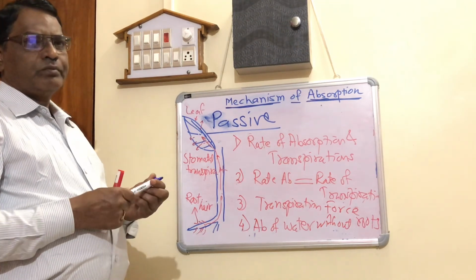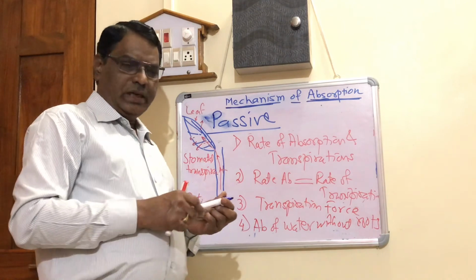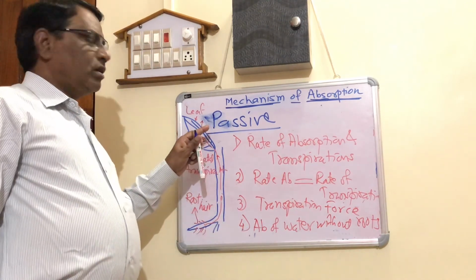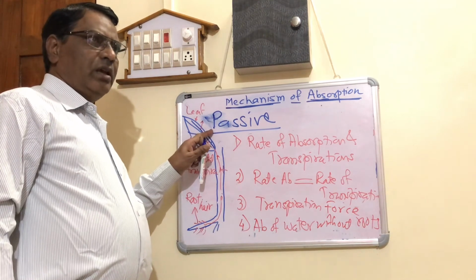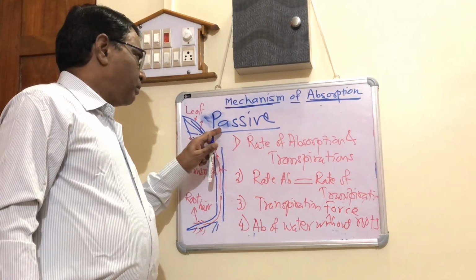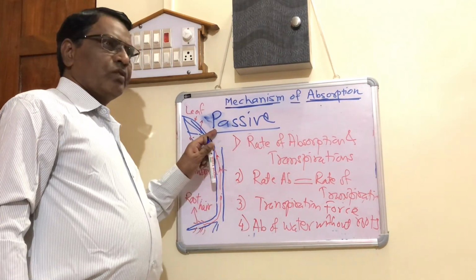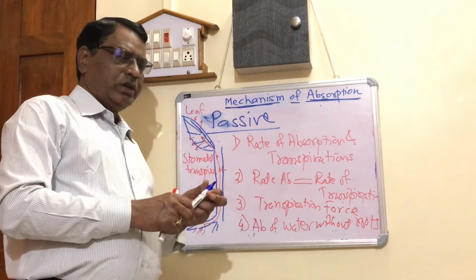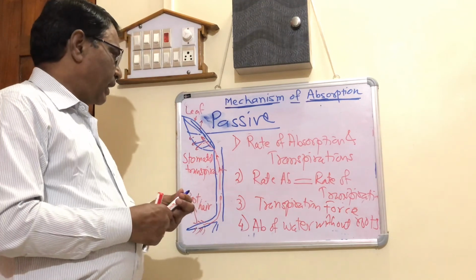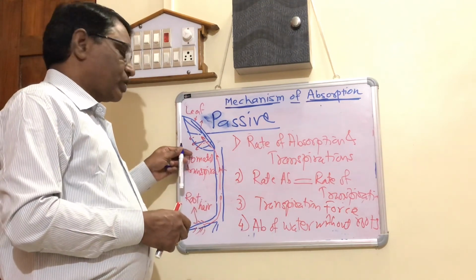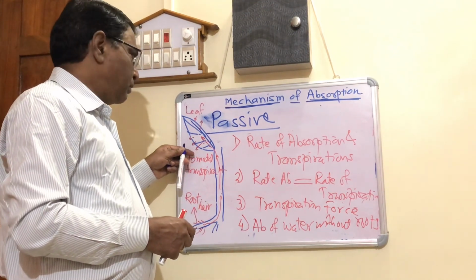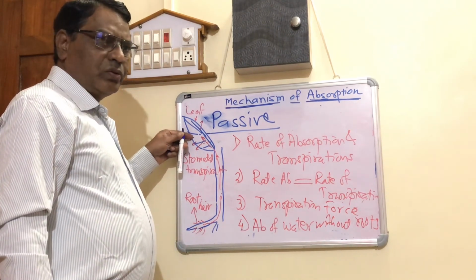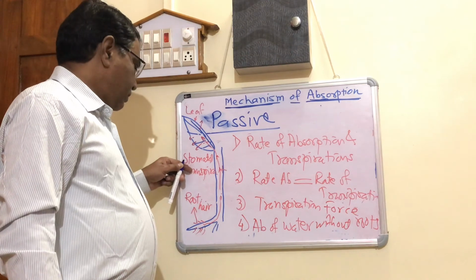One is the osmotic theory, the second one is the non-osmotic theory, whereas the most accepted theory for the mechanism of absorption is passive absorption of water, and this passive absorption indicates that the force responsible for the absorption of water is developed in the leaves due to the stomatal transpiration.